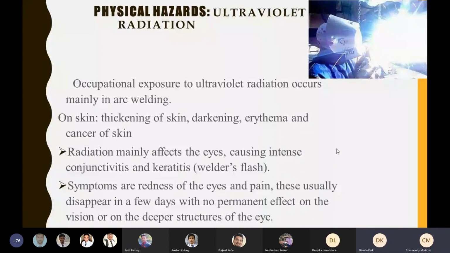Now next is ultraviolet radiation. Usually this is faced by the people who do welding work. So see here, occupational exposure to ultraviolet radiation occurs mainly in arc welding.